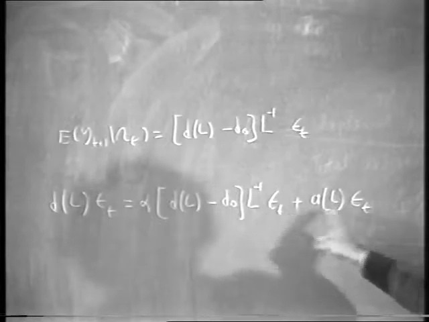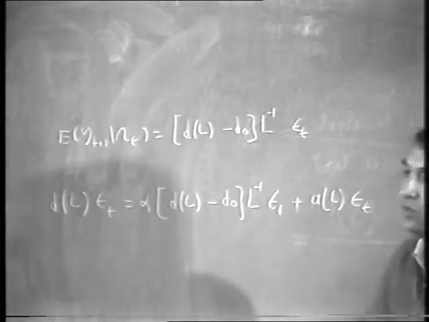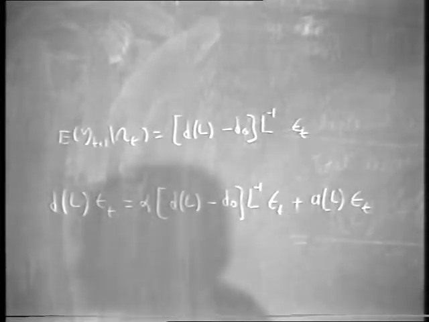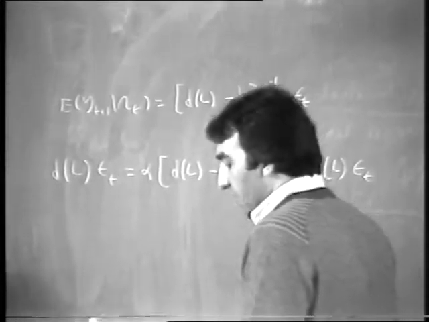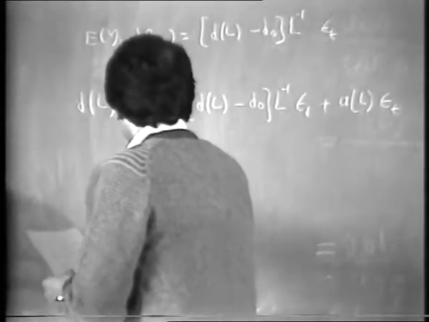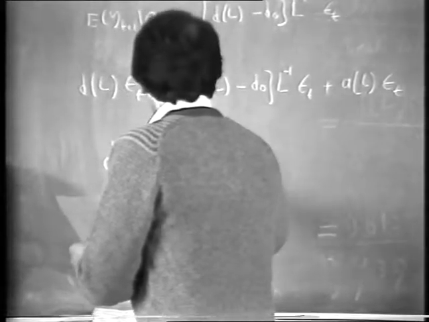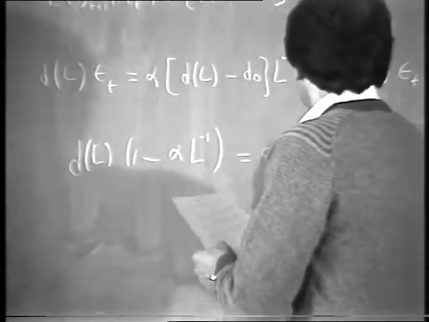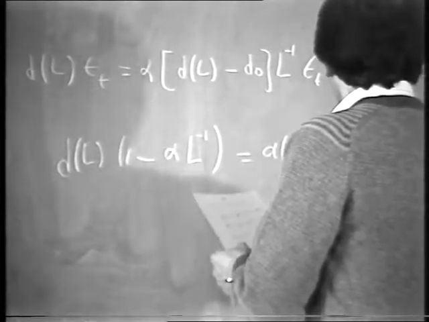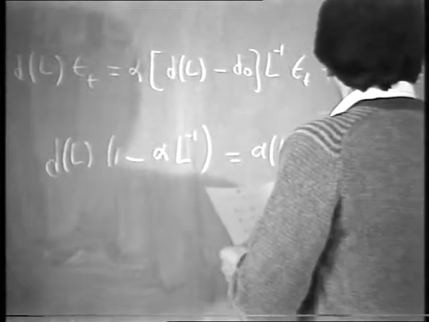Now, by factorizing epsilon t, we equate the operators on both sides, and we arrive at the solution that d(L) multiplied by 1 minus alpha L minus 1 is equal to A(L) minus d naught alpha L minus 1.